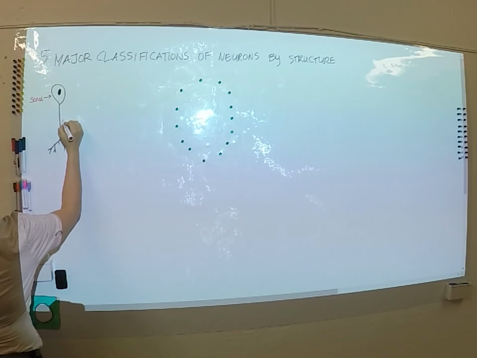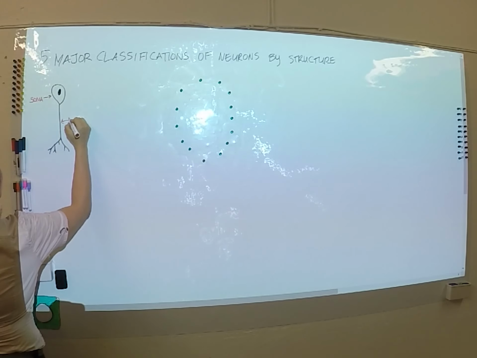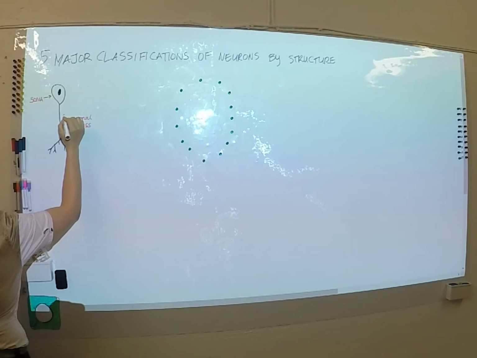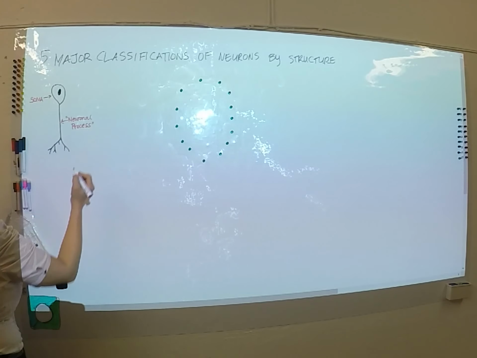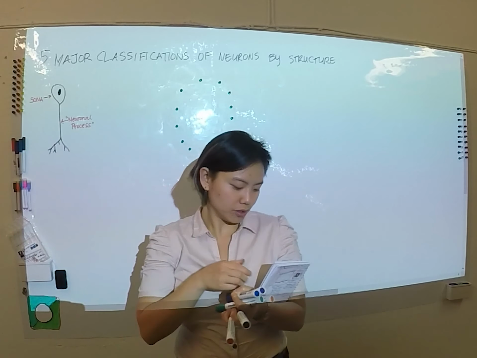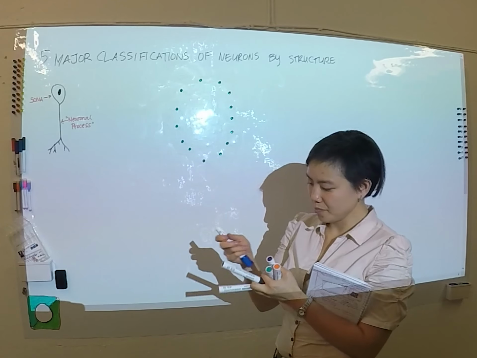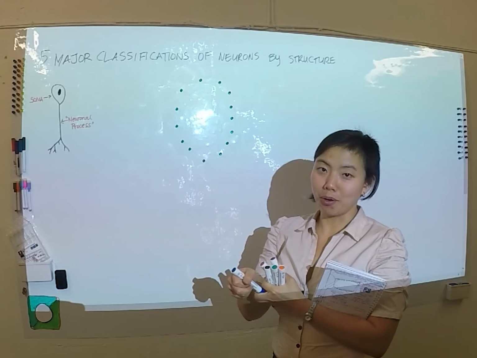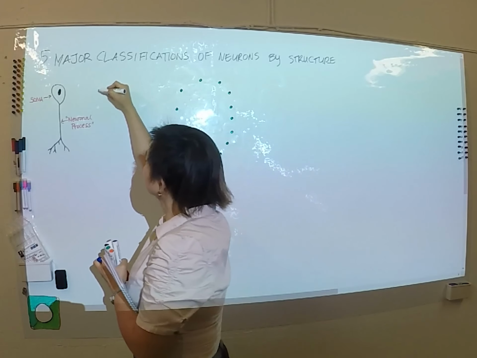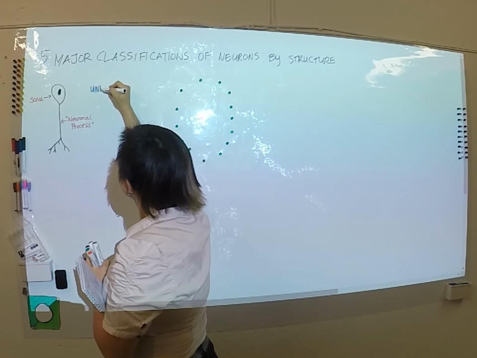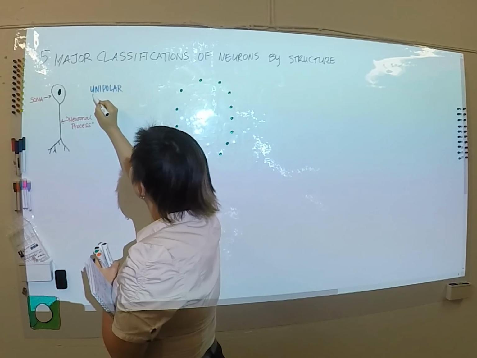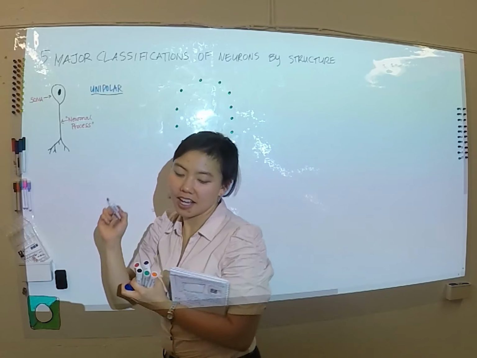And this is called a neuronal process, okay? All right, so this is our good old unipolar cell. Okay, that is our first category.